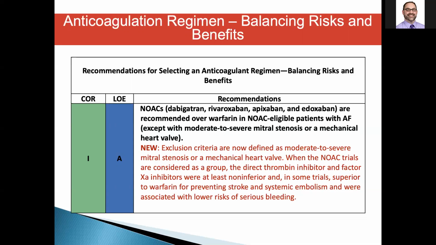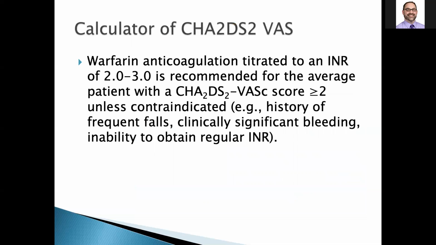If they do not have those risk factors, then a NOAC, an oral anticoagulant, should be utilized first. And if you are using warfarin, an INR of 2 to 3 is what is recommended. If they have a mechanical valve, that will be 2.5 to 3.5.